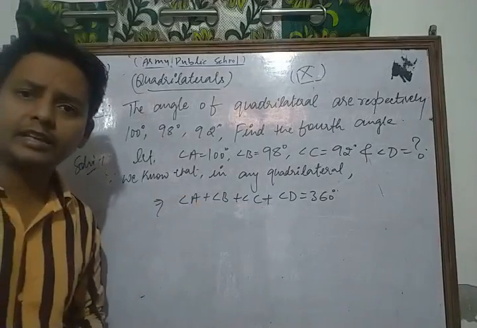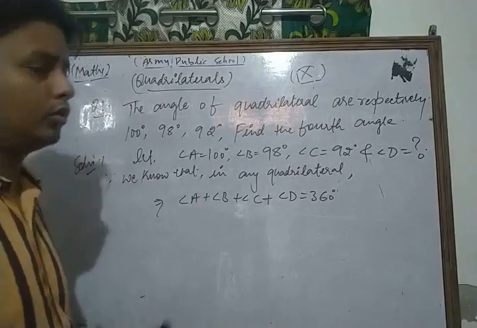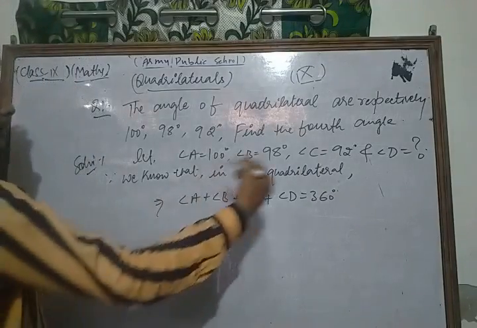The sum of all angles of the quadrilateral is 360 degrees.